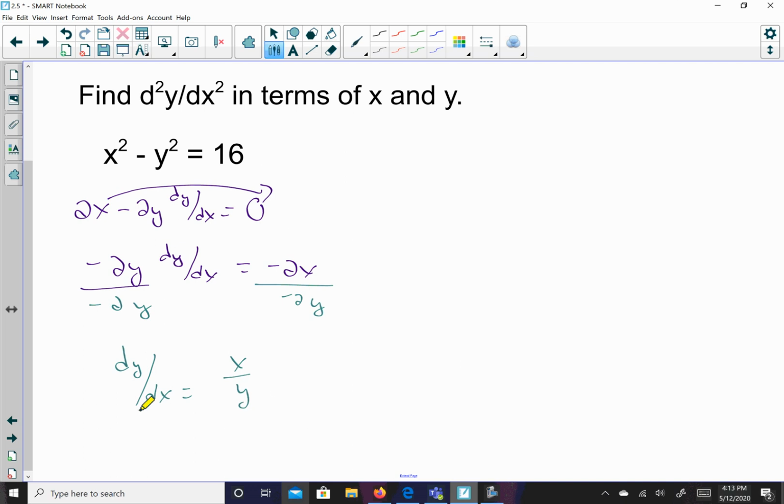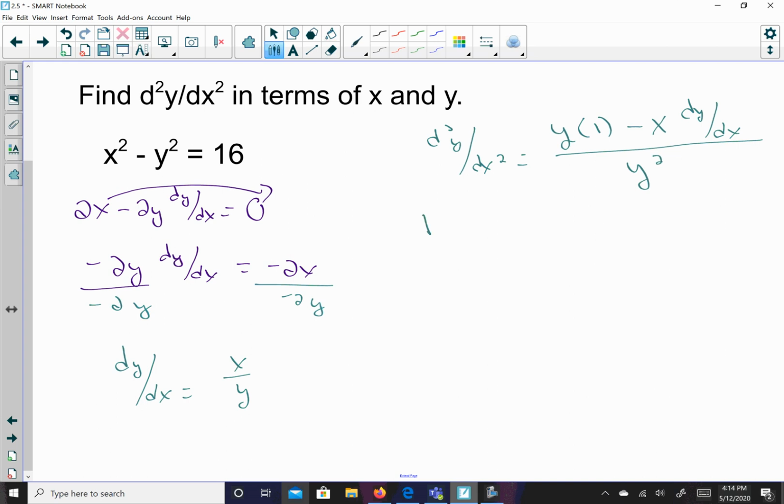Now to find the second derivative, so to find d squared y over dx squared, I'm going to take the derivative of this, so I'm going to have to use the product or the quotient rule. So I leave my denominator alone, take the derivative of x, which is 1, minus, now I leave the x alone, take the derivative of y, which will just be 1 dy dx, and I'm going to put that all over my y squared, so this will be y squared.